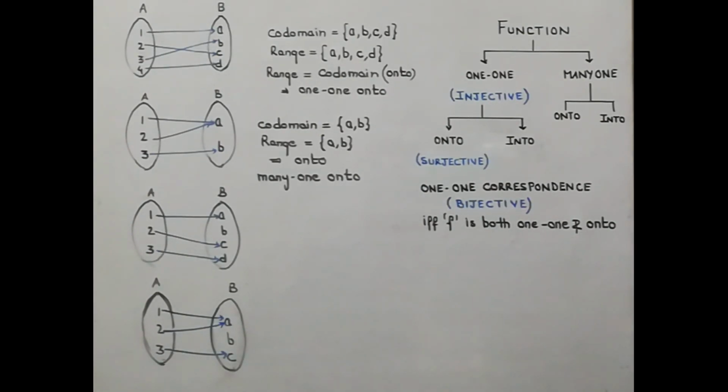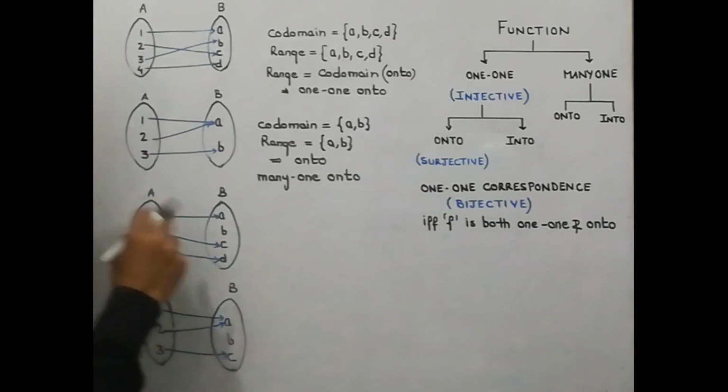Now coming to the third one. As you can see, different elements of set A are related to different elements in set B. So all over this is 1 1.